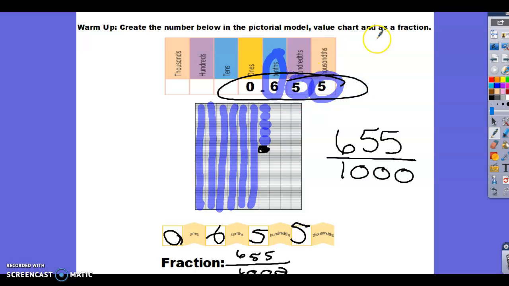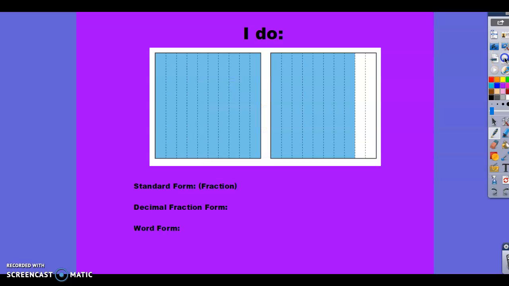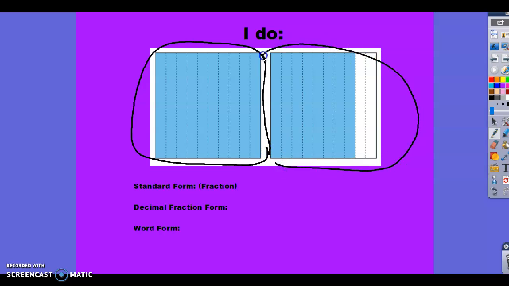Okay, let's warm it up. Here's an idea. I am going to walk through this pictorial model here with you, and I want you to think about this equation. So it looks like I have a whole square filled in. And then I have part of a square filled in.